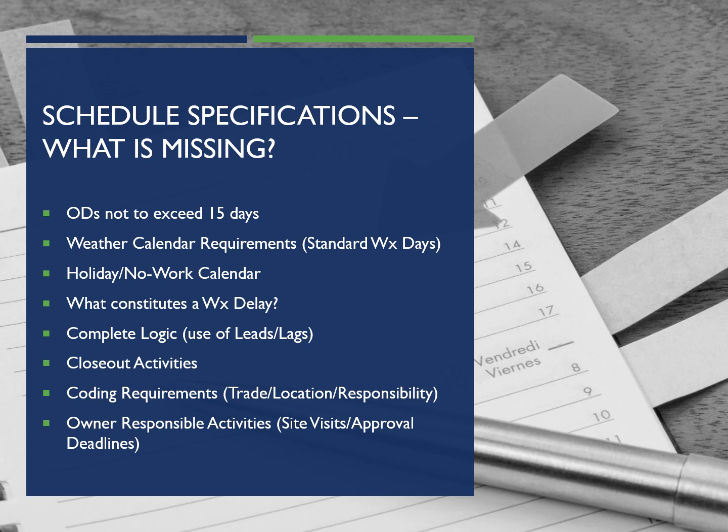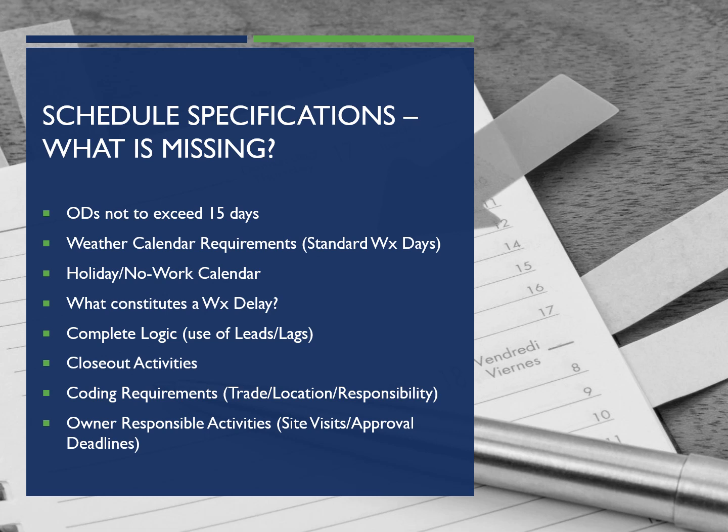The use of leads and lags, a lot of specs won't call that out, but that should be in there. So we only use lags, we don't use leads. Requirements as far as what closeout activities are required. Coding requirements.